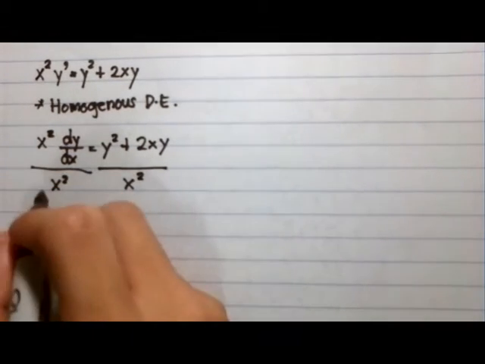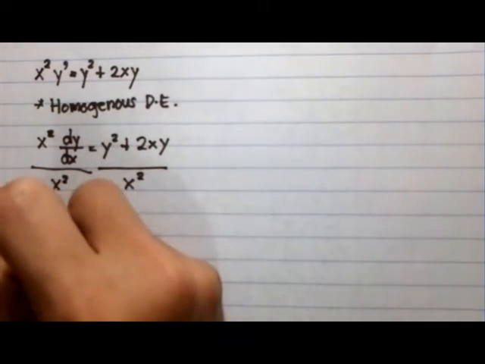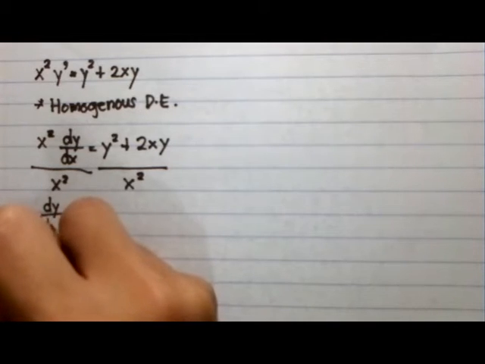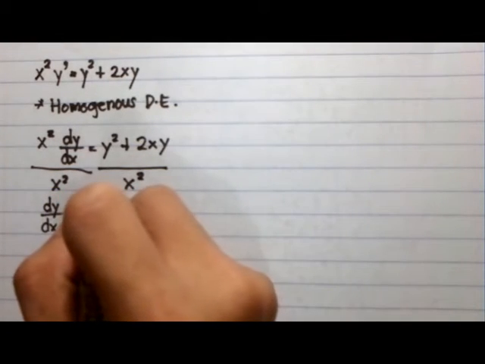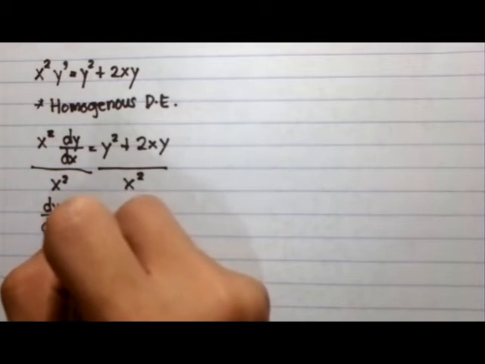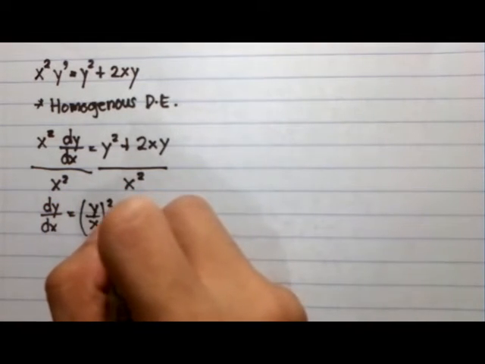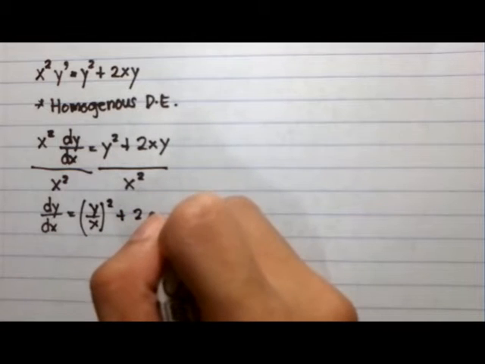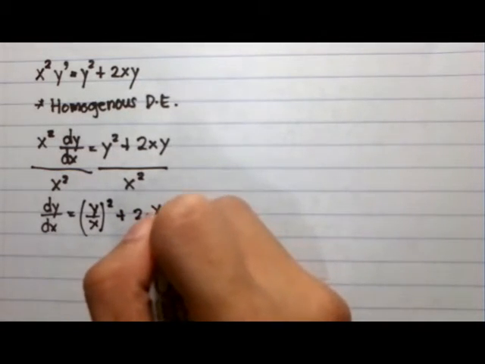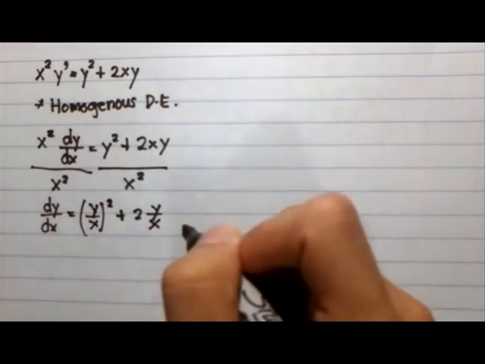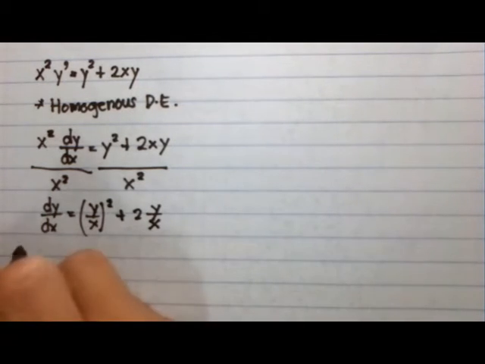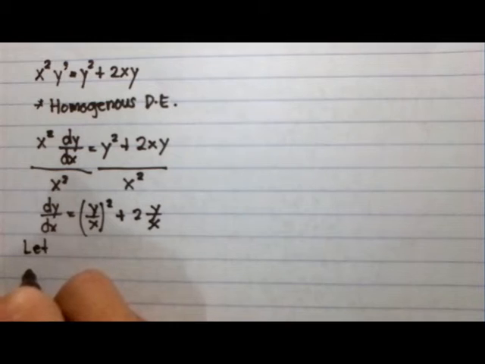And this will result to dy over dx equals (y over x) squared plus 2y over x. Now, we let u is equal to y over x.